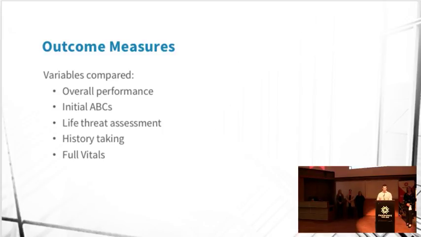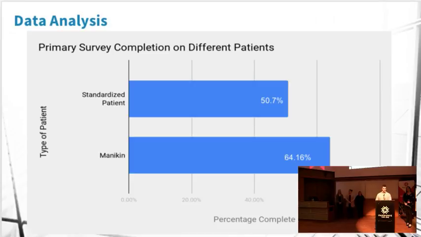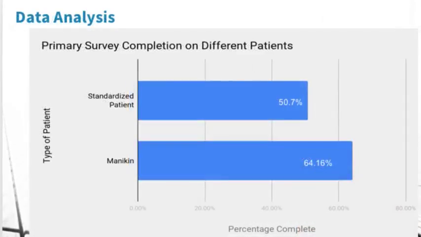So next I'm going to talk about the data analysis. Since we had to modify our data collection due to limited time, our analysis had to change as well. We initially were planning on running each student through both scenarios with the mannequin and standardized patient, and then have them run through the scenarios again the following weeks.